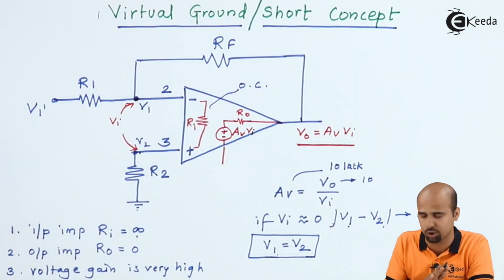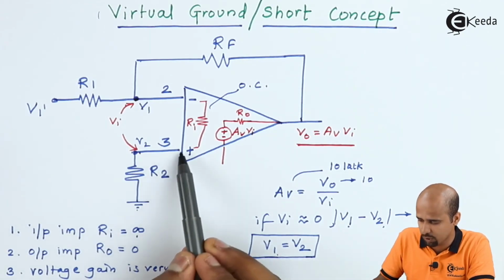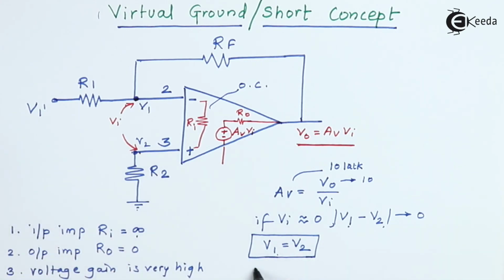Understood virtual short concept. Second thing, virtual ground concept. This concept is called virtual short. Now if we say that V2 is equal to 0, then can I say that V1 is equal to 0?